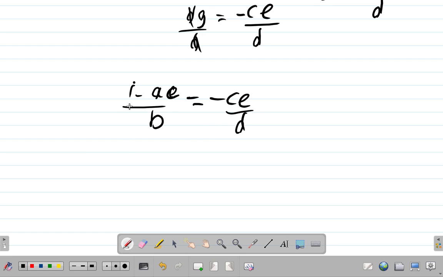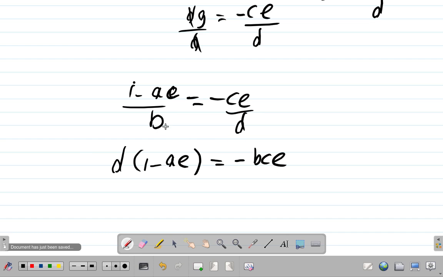If we multiply both sides by D, we'll have D multiplied by 1 minus AE is equal to B multiplied by negative CE, so it's negative BCE. Remember, when we multiply both sides by D, D will cancel itself on the right hand side, and when we multiply by B, B would cancel itself on the left hand side.